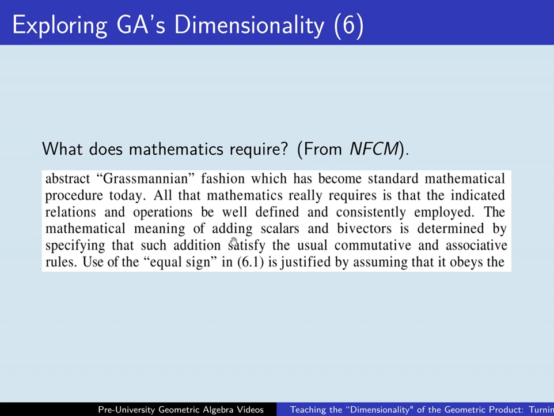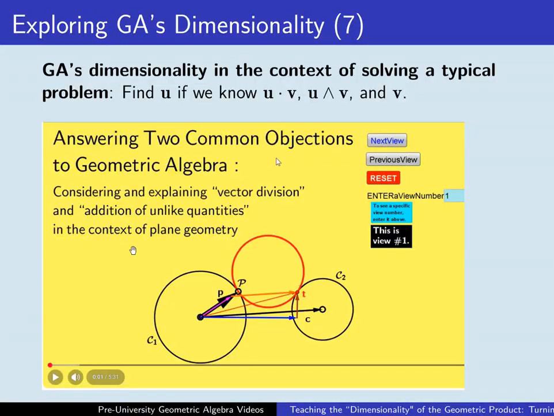So let's not get hung up on forcing that operation into the idea of an addition. And I think we can do our students a service if we explain this well, as Hestenes has, by referring to what an algebra really is, or what its modern definition is. So let's put that behind us.